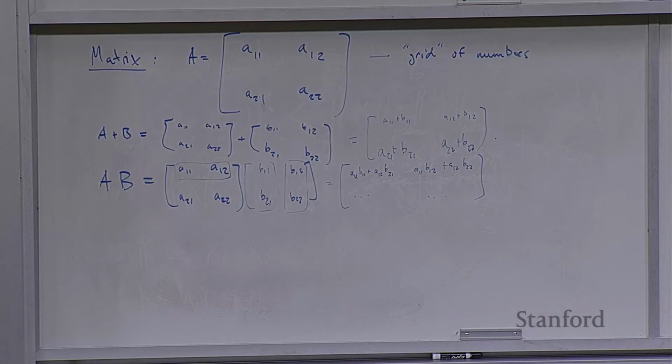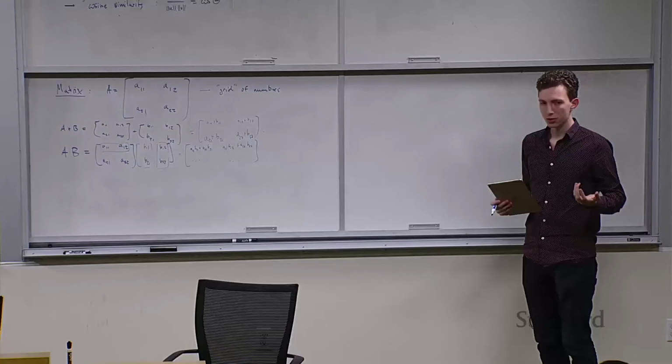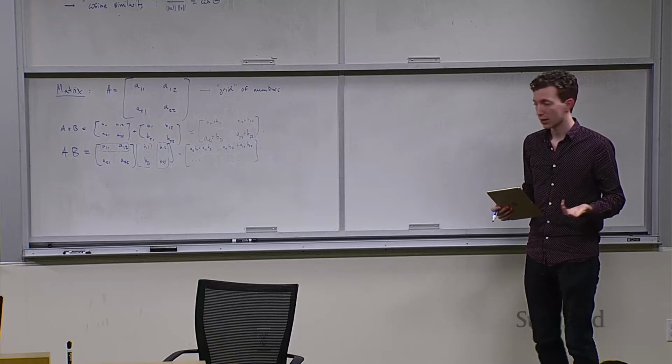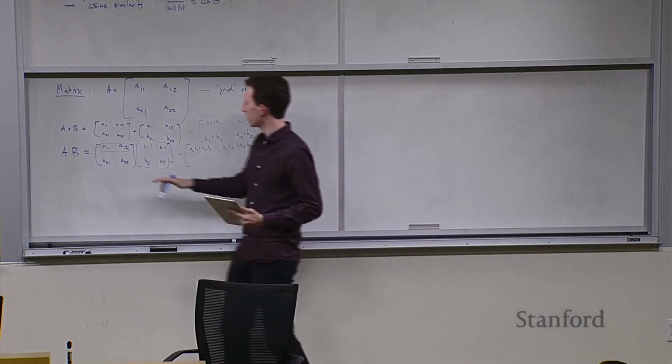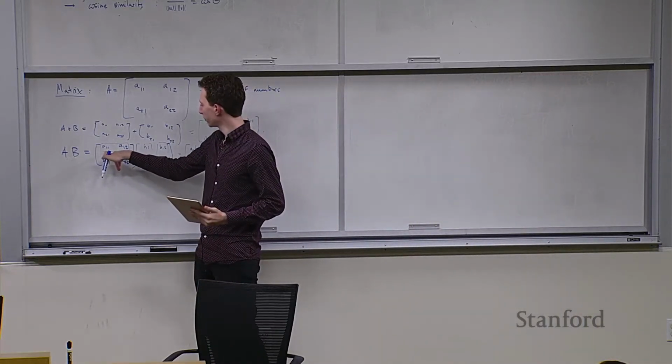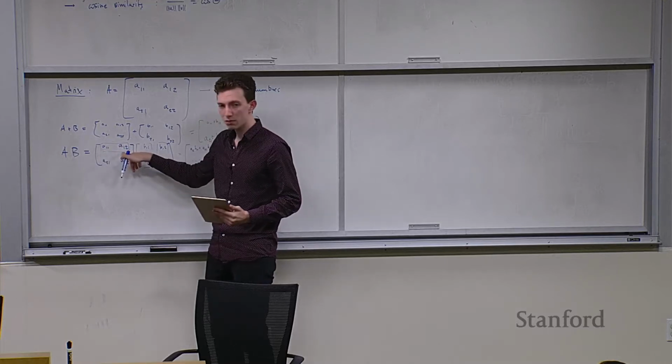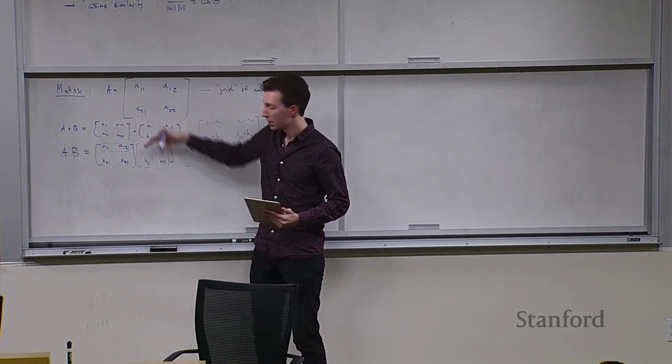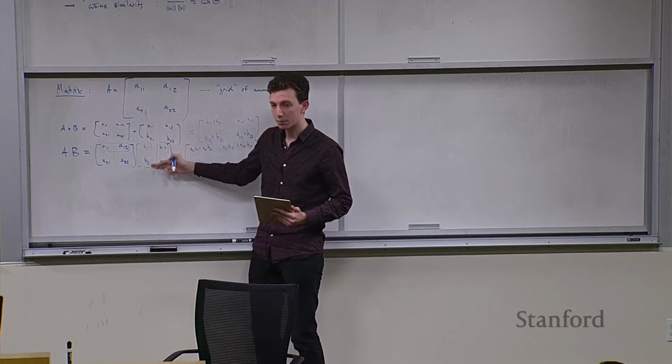Now, for me to multiply A and B as matrices, they don't actually have to be the exact same size. All that needed to be true is that the number of columns of A, i.e. the size of this vector, and the size of this vector were the same.